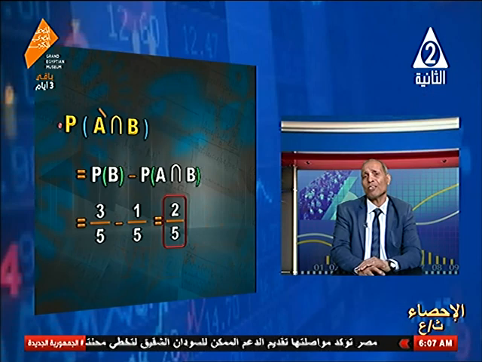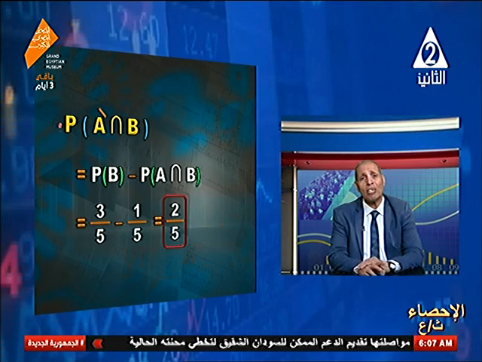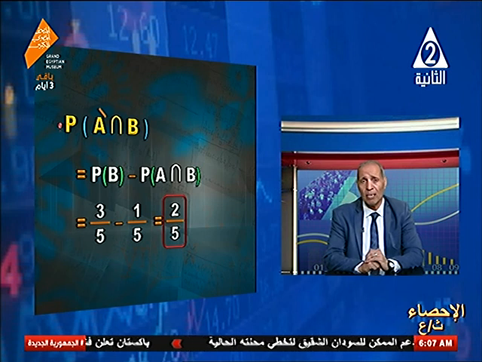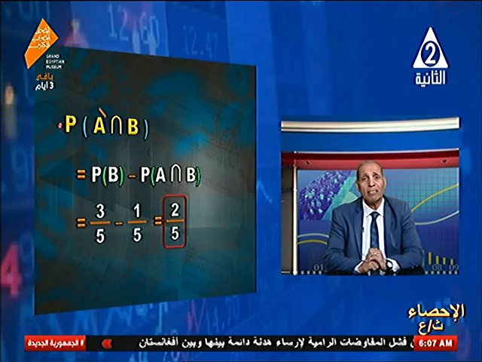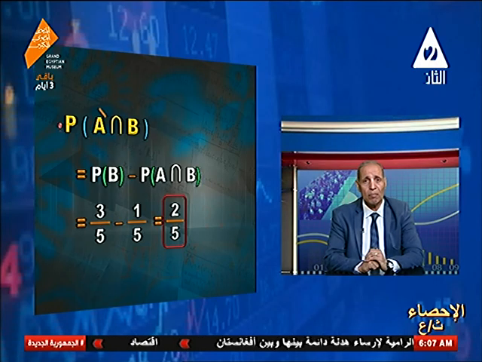Don't forget, my dear student, probability of event A complement plus probability of A equals 1. As an example, probability of a student being successful is 3/5.